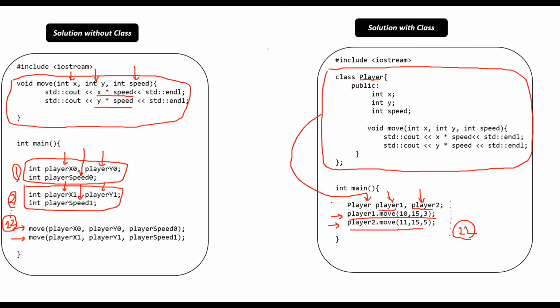This is how you can scale your program, and also you can save memory in some cases where there would be limitations for memory as well. So this would be the simple introduction to the class in C++.